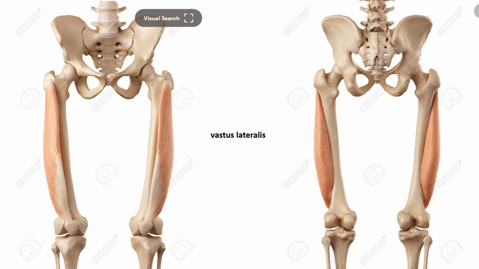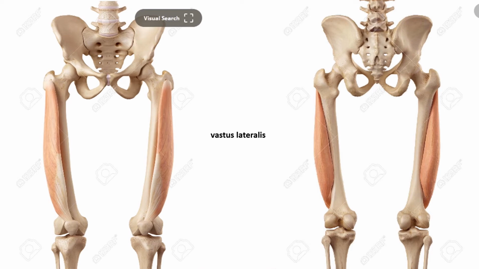Another member of the quadriceps muscle is vastus lateralis, and you can explain the naming of this muscle. On your left, you can see an anterior view where it takes origin from the greater trochanter and the anterior surface of the femur, and when it gets down, it joins the common tendon.